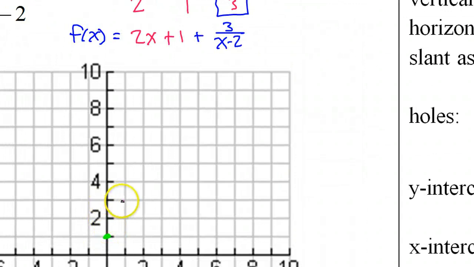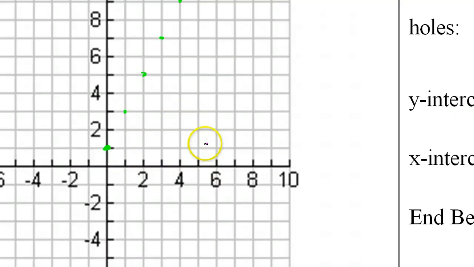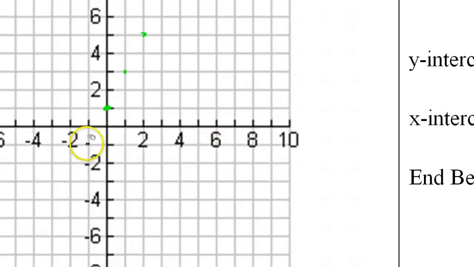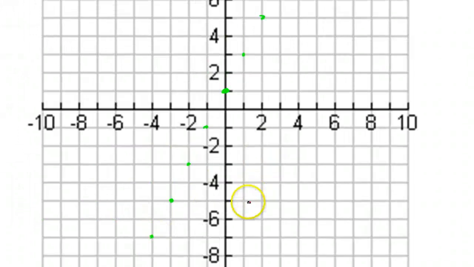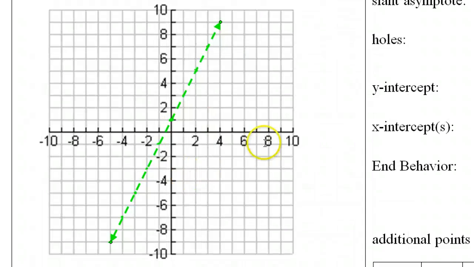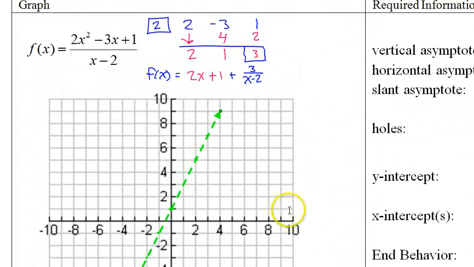So we'll go up 2, right 1 repeatedly, and we'll repeat the process in the other direction. Okay, so these points show us where the slant asymptote is. Let's go ahead and graph it as a dotted line. Alright, so there's my slant asymptote.